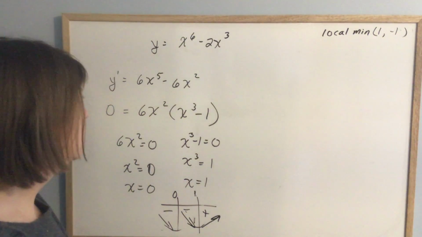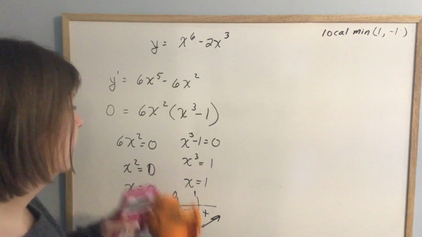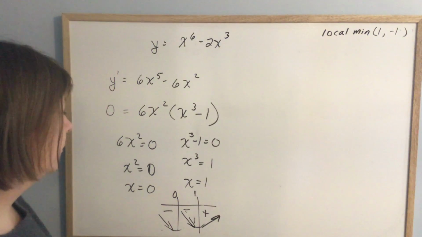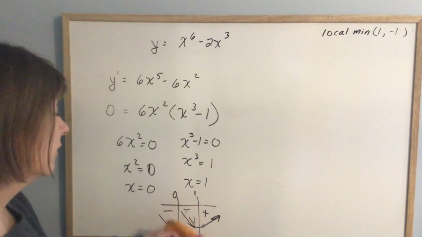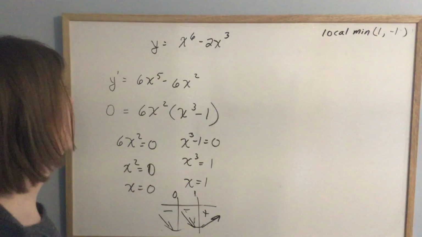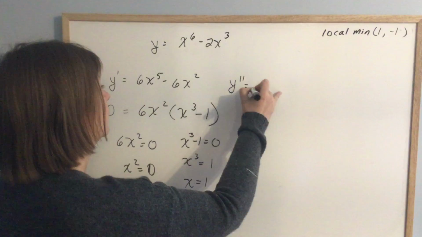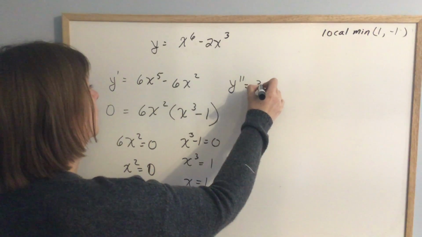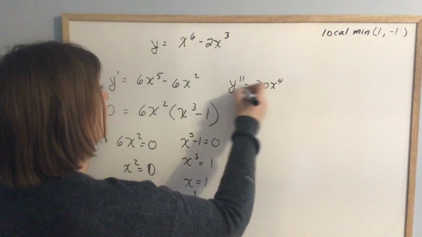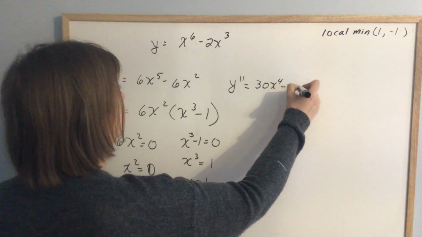Sorry about that. So I have that, but now I need to figure out points of inflection. There doesn't appear to be a maximum. So inflection, second derivative would be 30x to the 4th minus 12x.